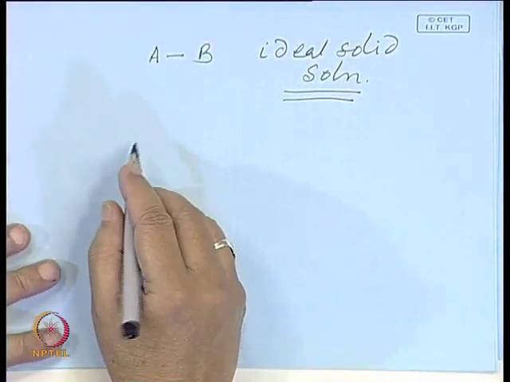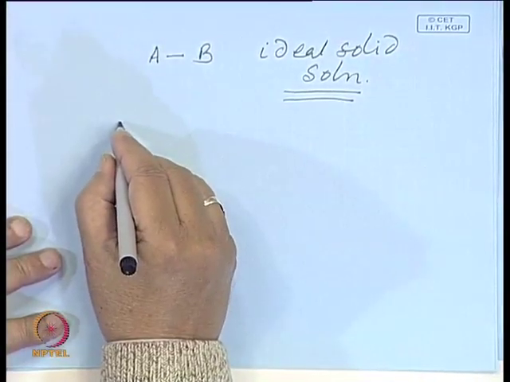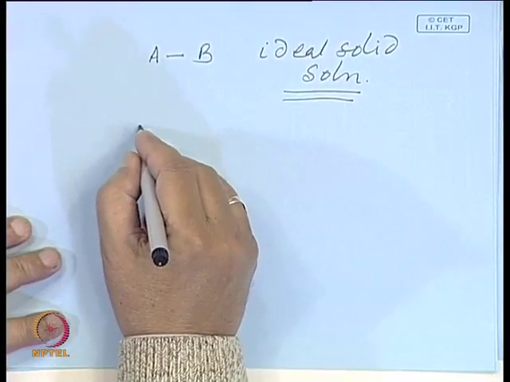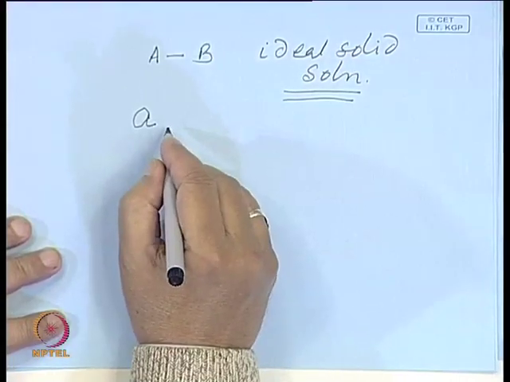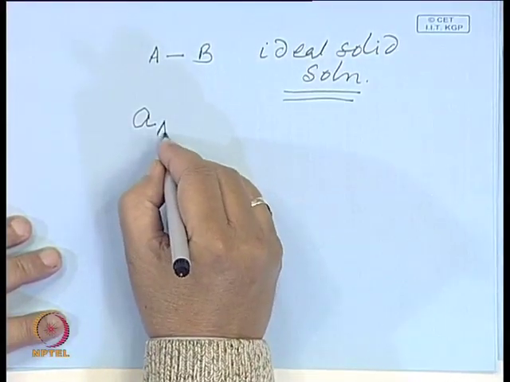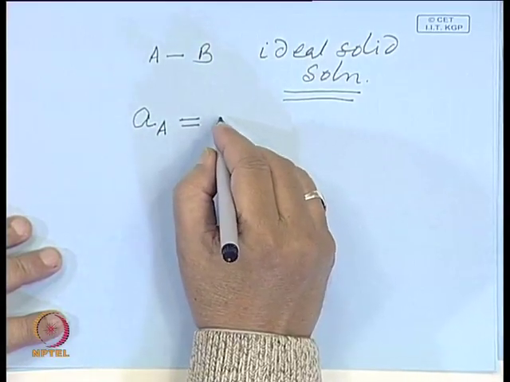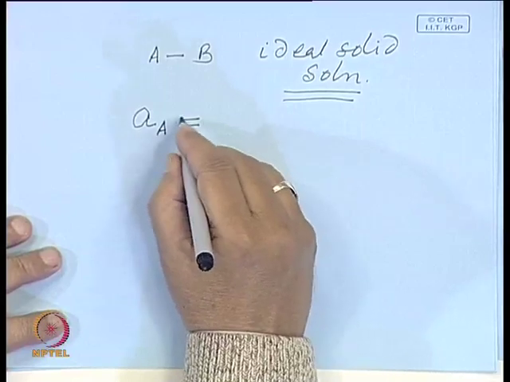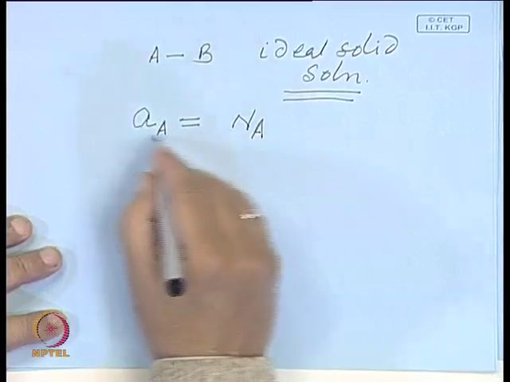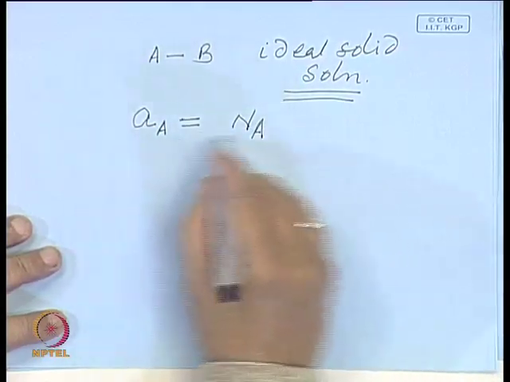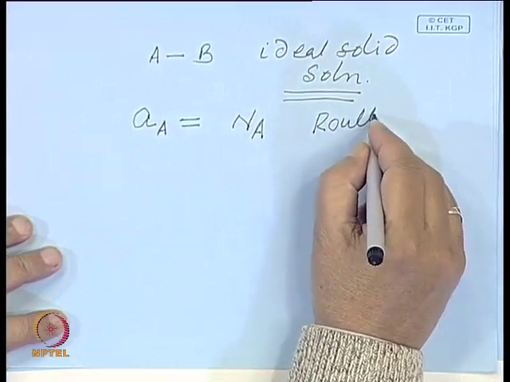Now, in an ideal solid solution, in thermodynamics we define a term called activity, activity A, which means the effective concentration of A at a particular point, and we assume that this is equal to the atom fraction of A. That means it follows a law called Raoult's law.